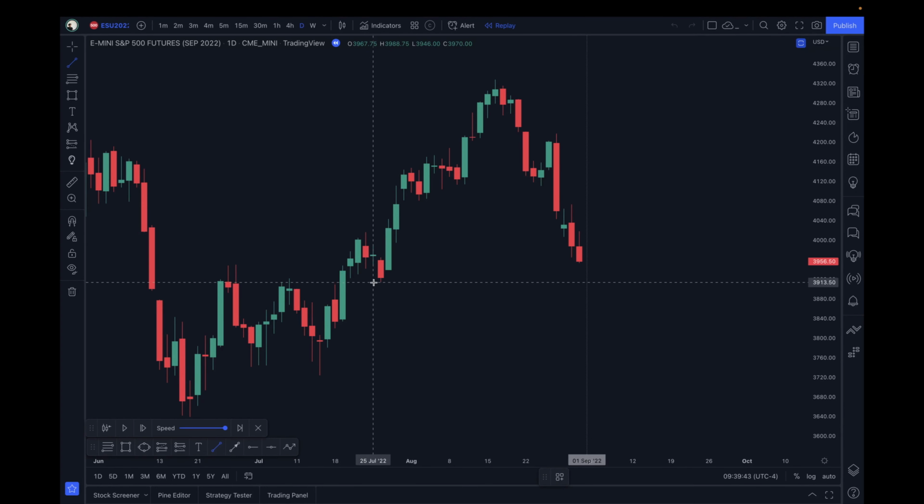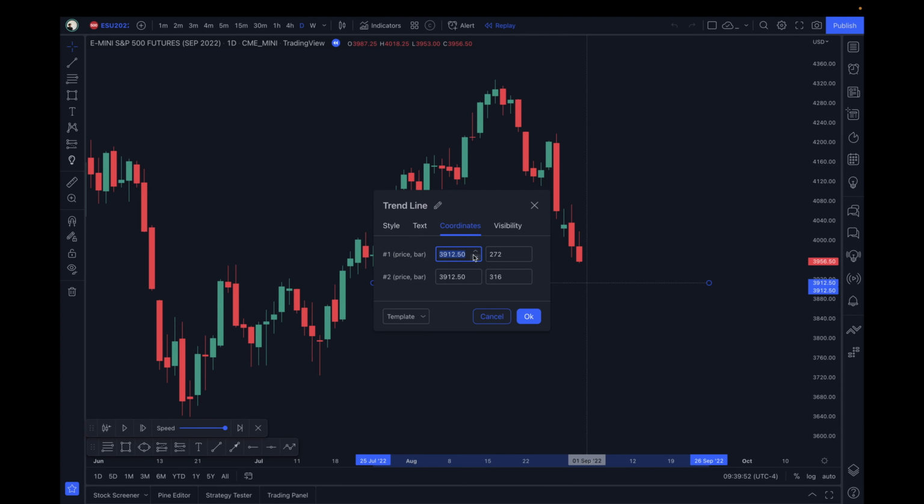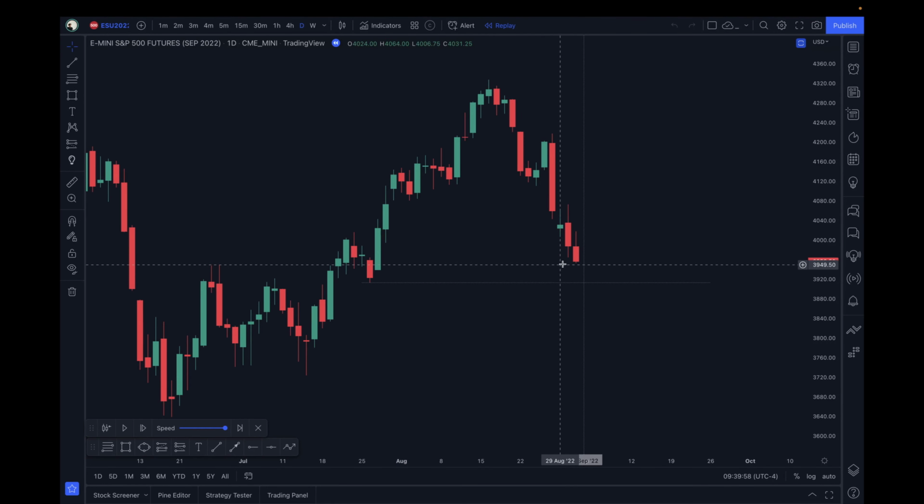So what I would do is draw a trend line on it and make it precise. Okay, so I think the market is likely to go down, but if it goes up, I think it's likely to go to the midpoint of this fair value gap.